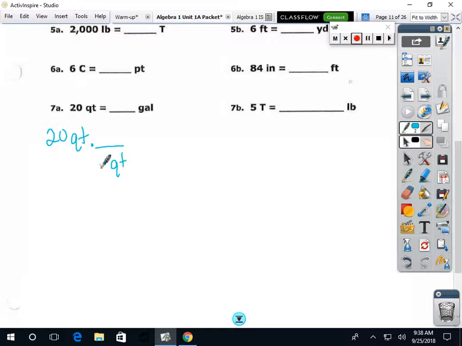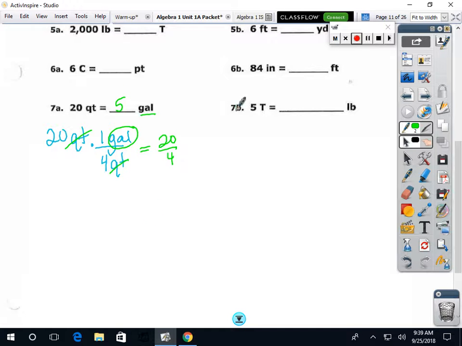Okay, but how many quarts can we put on bottom? 4. And 4 quarts is 1 gallon. So that's another short conversion chain because we're at gallons, which is where we want to be, and quarts cancel out, and you end up with 20 over 4, which is 5. 20 quarts is the same thing as 5 gallons.